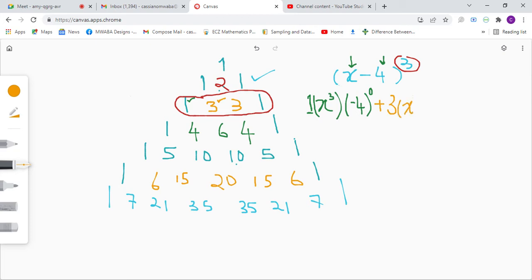The exponent of x is reduced by 1, so we have an x squared there. And then negative 4 to the power 1. You can see the exponent for negative 4 has increased by 1, and the exponent of x has decreased by 1.